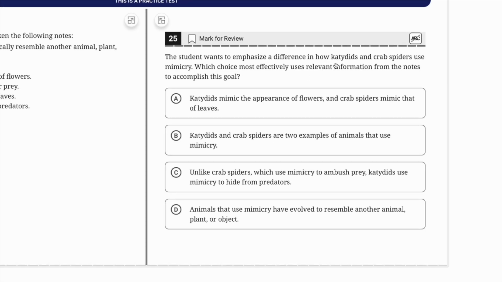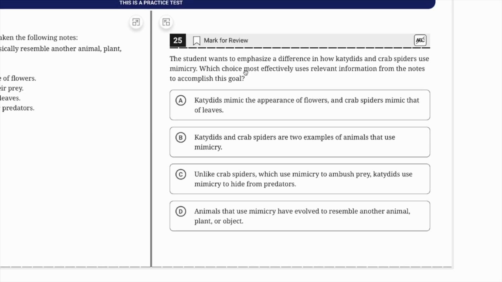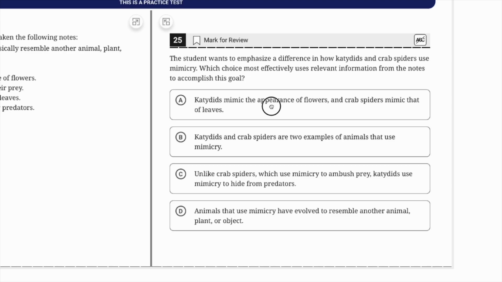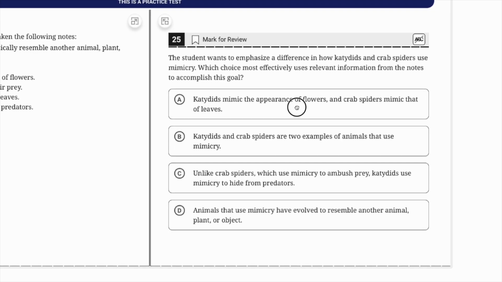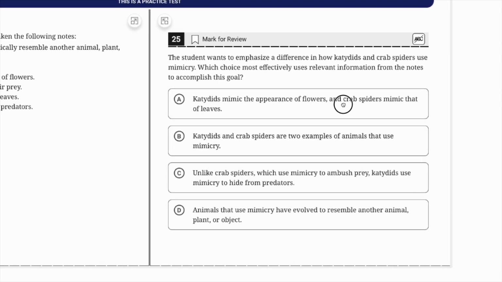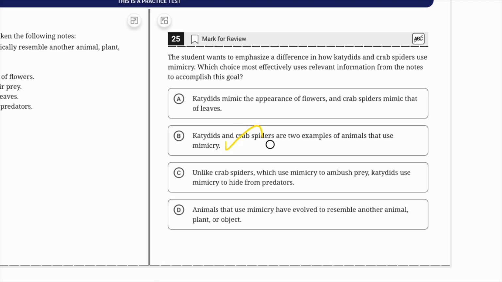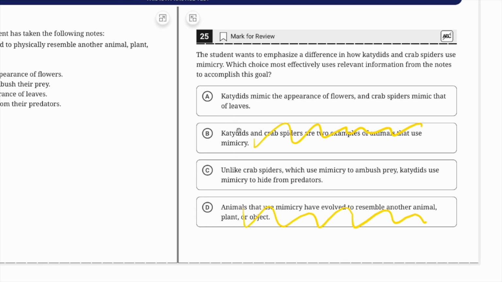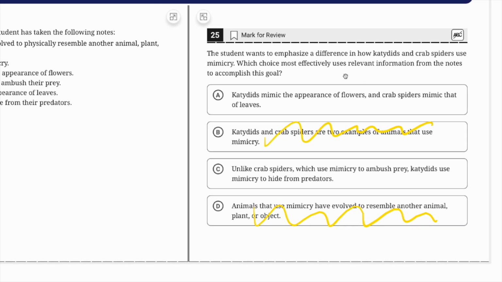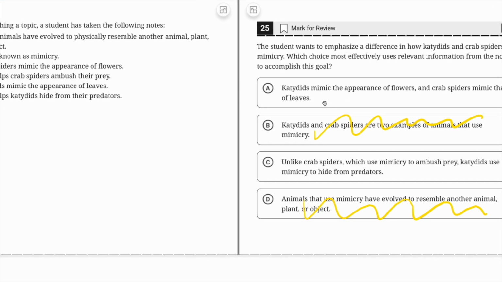A difference in how katydids and crab spiders use mimicry. I mean, A looks okay. There's no difference in B. Okay, and I think it's actually going to be C, because how they use mimicry. How they do it.